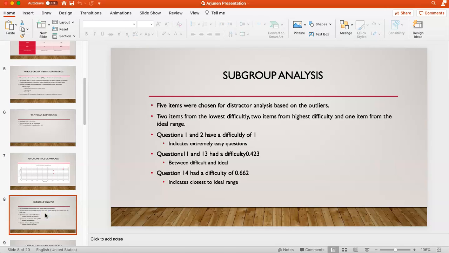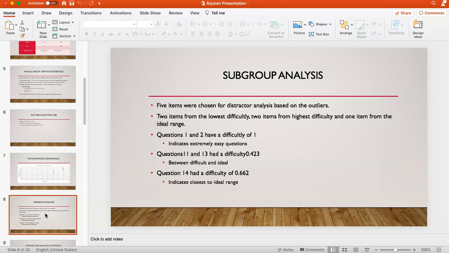Subgroup analysis. Five items were chosen for distractor analysis based on the outliers: two items from the lowest difficulty, two items from the highest difficulty, and one item from the ideal range.